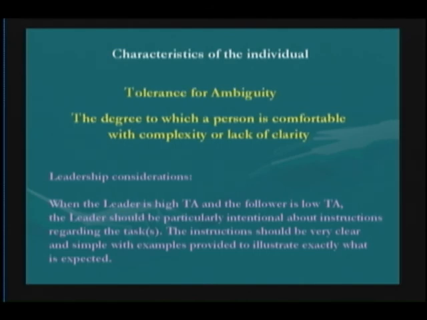And this is a difficult situation for many leaders because a lot of leaders reach leadership positions because they can handle unclear and complex situations, but yet their employee may not be able to. And this combination is extraordinarily difficult in leadership. Instructions in this case should be very clear and simple, with examples provided to illustrate exactly what is expected.